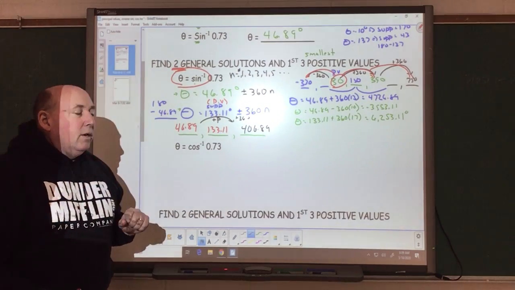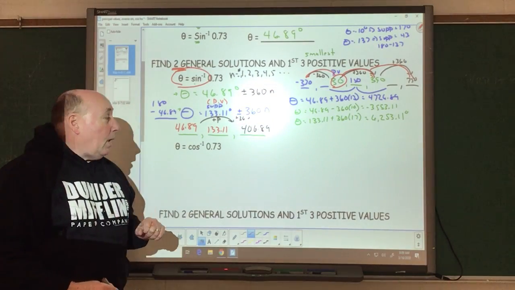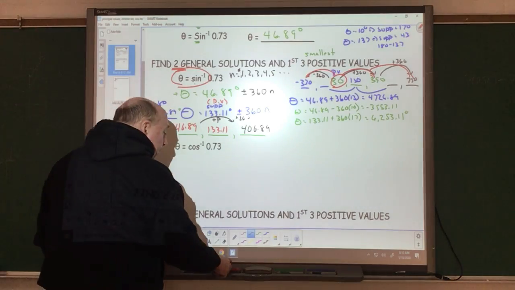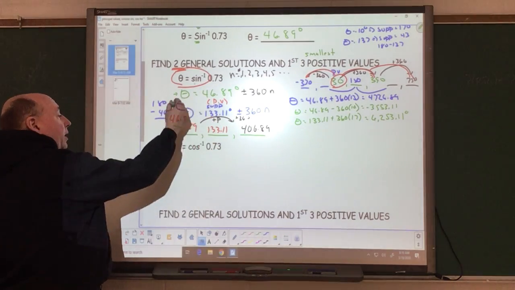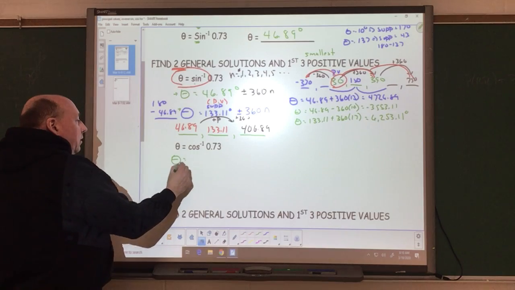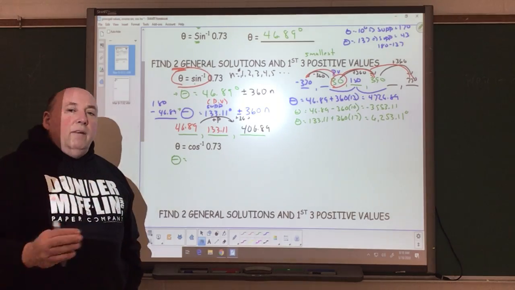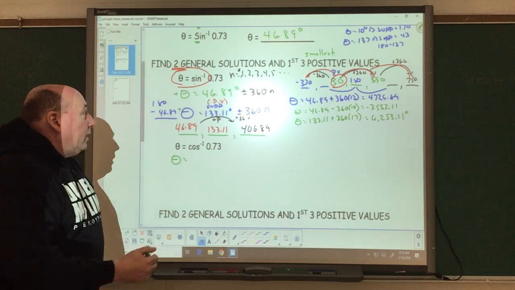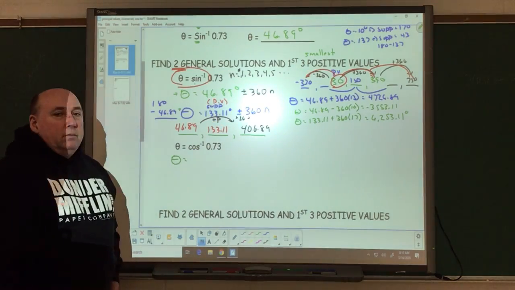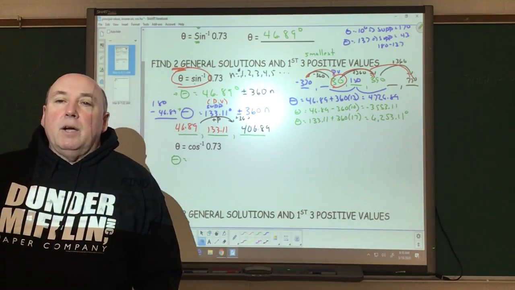What happens when we go to the cosine? Well, when we go to the cosine, we're going to start out the same way up here. We're going to take the inverse cosine of 0.73 to find the principal value. So go ahead and take the inverse cosine of 0.73.